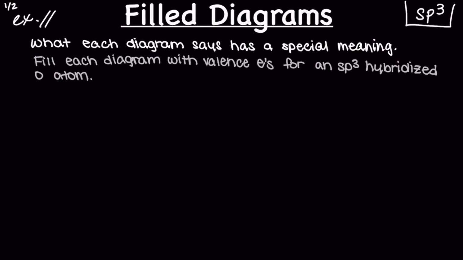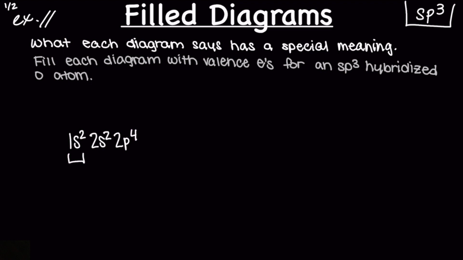So starting with the first of the 2 examples, we need to fill each diagram with valence electrons for an sp3 hybridized oxygen atom. So let's first begin by recalling the electron configuration for oxygen. Oxygen on the periodic table has 8 electrons, which means it's going to have a 1s2, 2s2, 2p4 electron configuration.